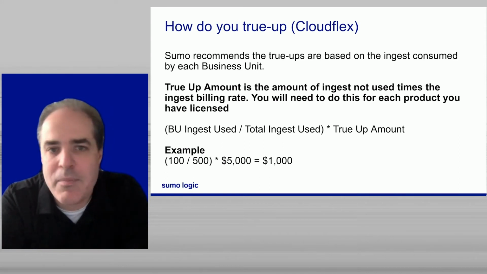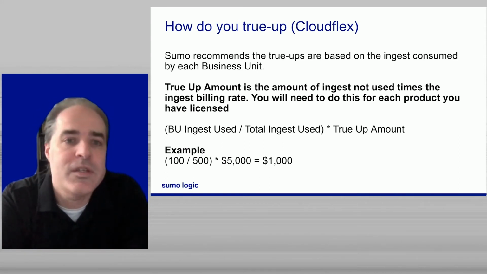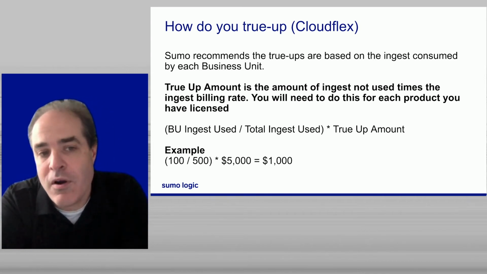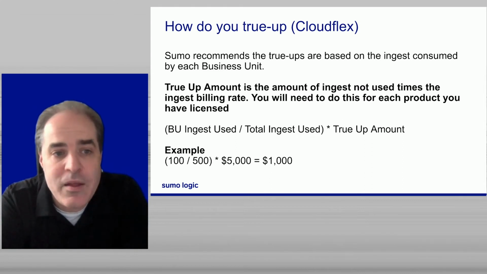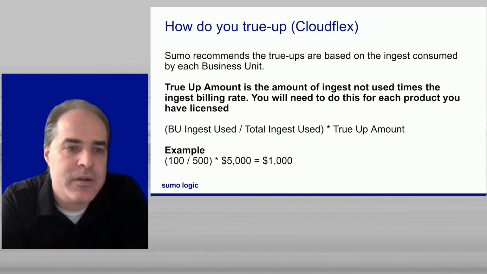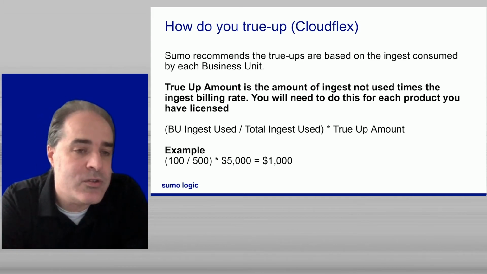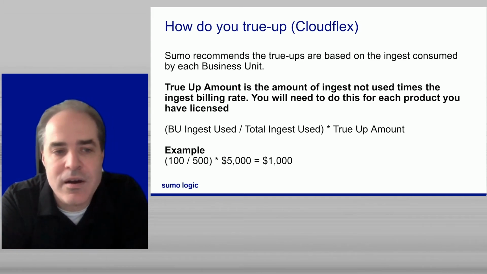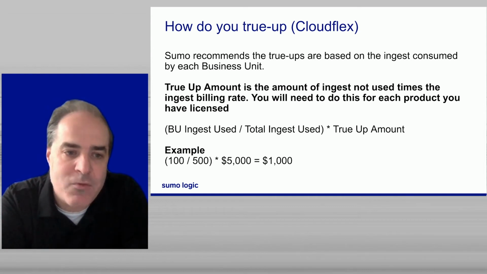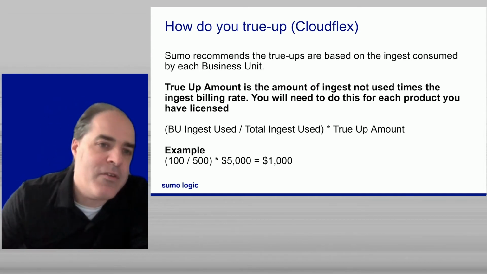So either way the bill goes, you need to true this up to what you actually consumed. That's done by determining how much difference you are from your license, and then what proportion of the ingest that business unit used. So if that business used 20% of the ingest, and you have a true up of $5,000, then they would pay $1,000 of the true up. It aligns to how much of the platform they used and makes sure they pay their fair share.